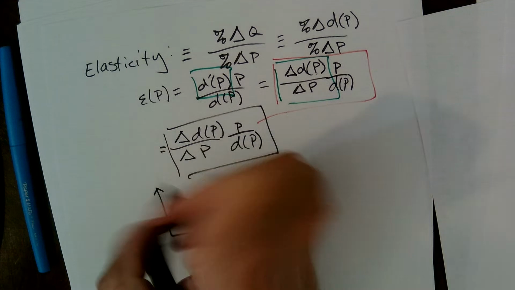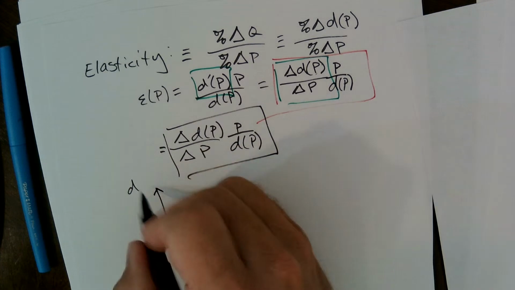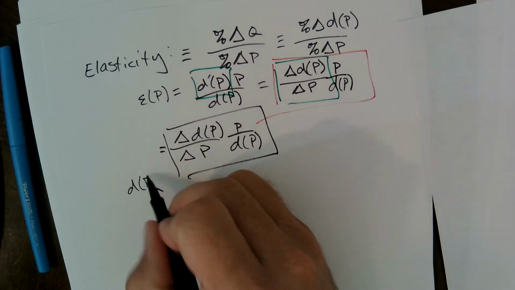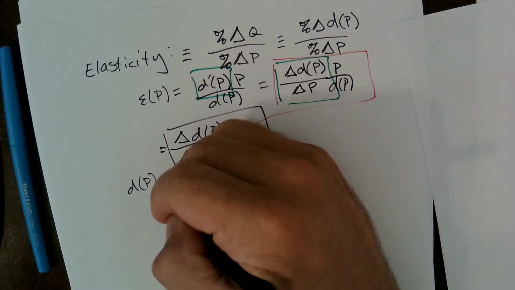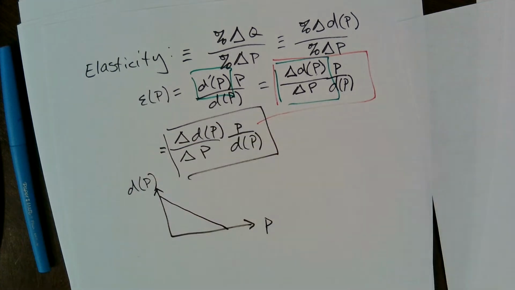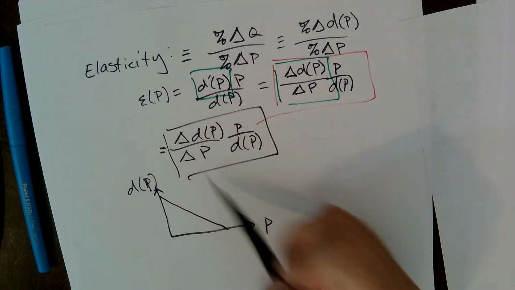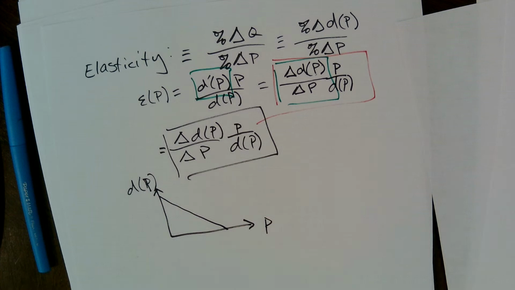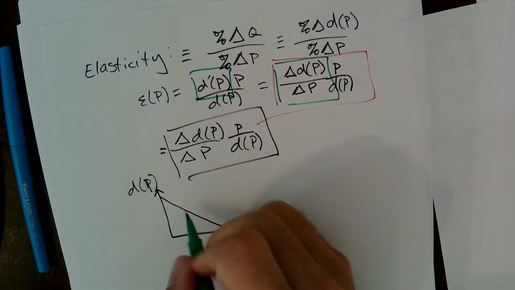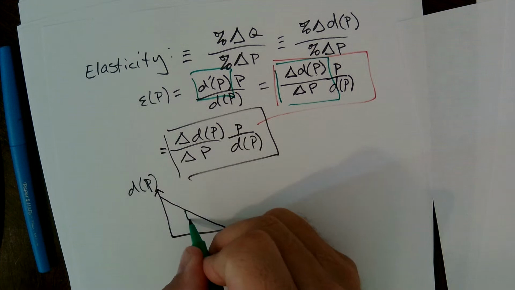I'm going to show you our price response function just to show you where this derivative is coming from and what it looks like. This is our quantity. Remember, with price, we have a price response function, out of your text. And look, it's the change in D of P over the change in P. That's really the slope of the price response function, not just linear.